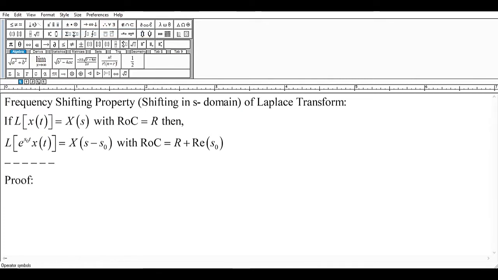In order to verify this frequency shifting property, we are going to apply the basic definition of Laplace transform.